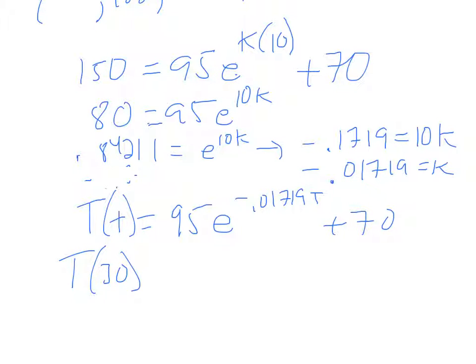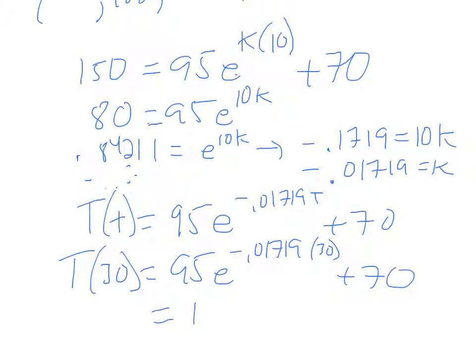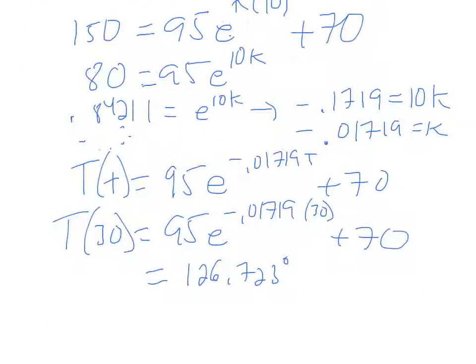So 95 e to the negative 0.01719 times 30 plus 70. Entering that in my calculator correctly, I got 126.723 degrees. Then we're going to have to solve this equation for the next part, for when it is equal to 100.